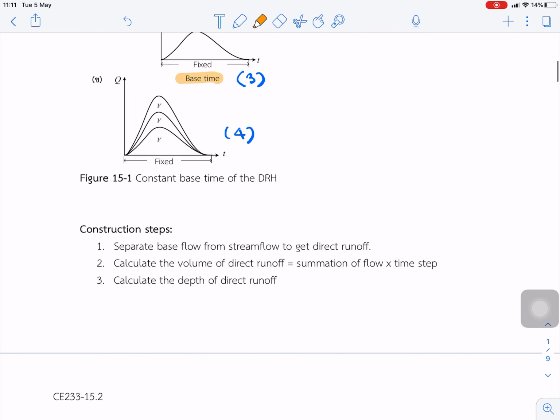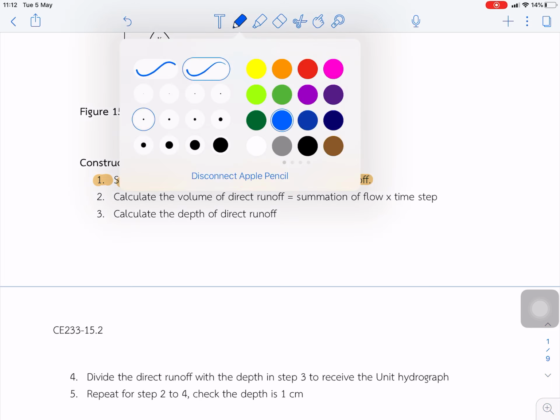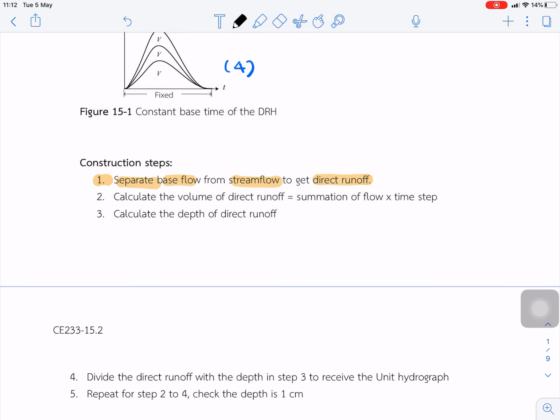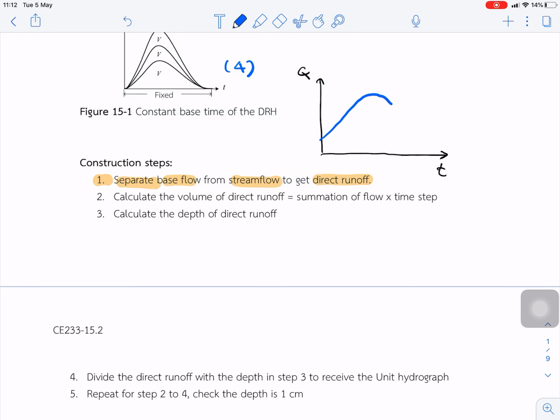Okay, for the construction steps, the first is to separate the base flow from the stream flow to get the runoff. So if you have this hydrograph, you have to do base flow separation.